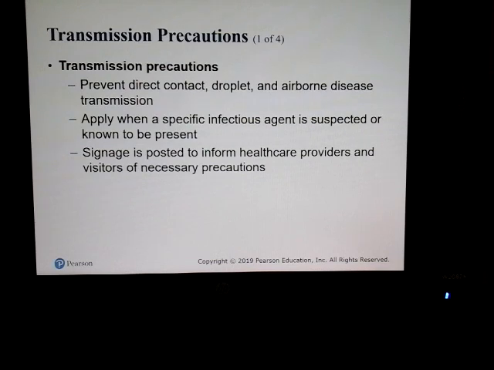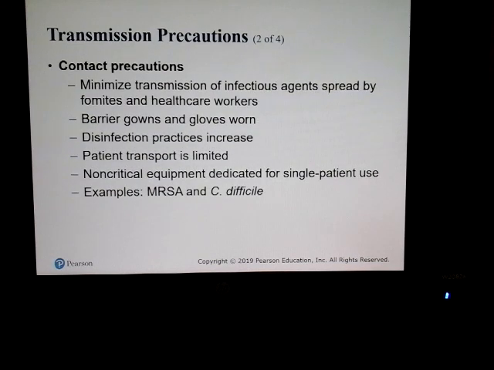Again, prevent direct contact, droplets or airborne. So again, masks or shields or something like that. Make sure that when a specific infectious agent is suspected or known to be present, you ramp it up a little bit. And make sure that if you have a patient in isolation, that's posted, so it's not only for the healthcare providers, but also visitors who may have to take their own precautions before they enter that room.